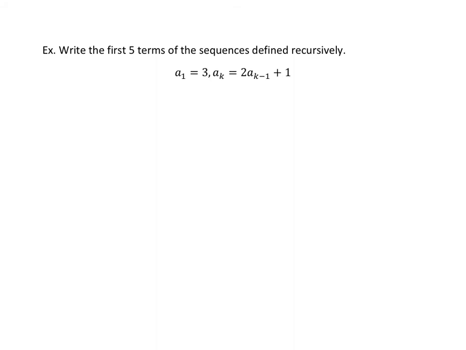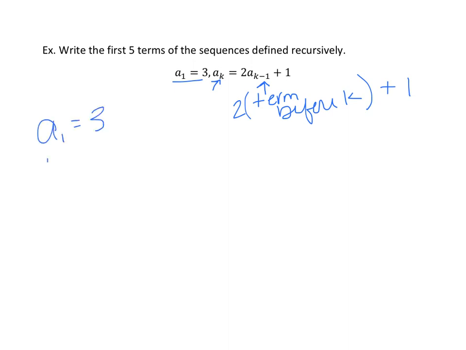Okay, another recursive. This one's talking about, it gives you your first term is 3. Term K is defined by 2 times term before K. It needs to be multiplied by 2 and then add 1. So my first term is 3. My second term is going to be 2 times 3 plus 1, 7.